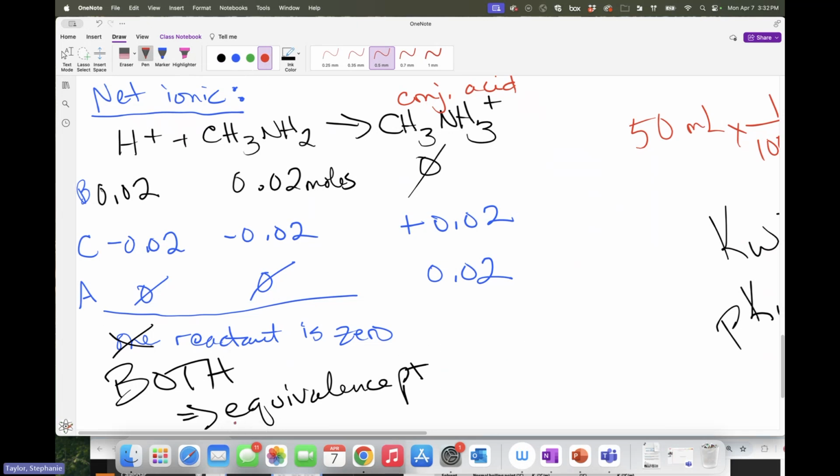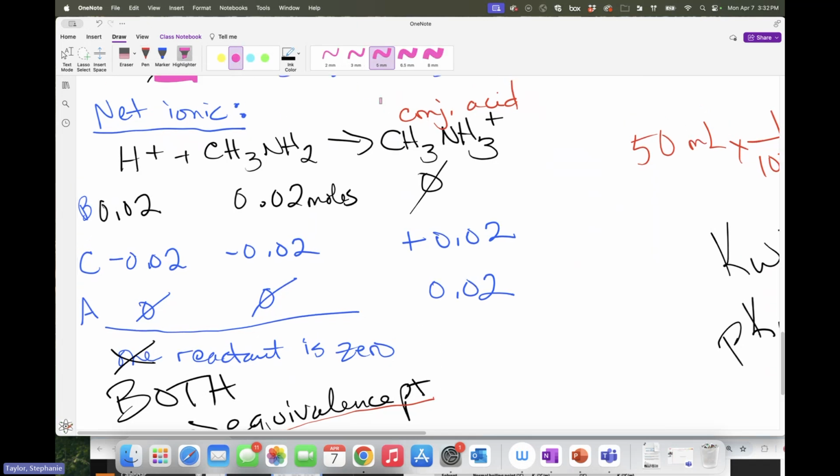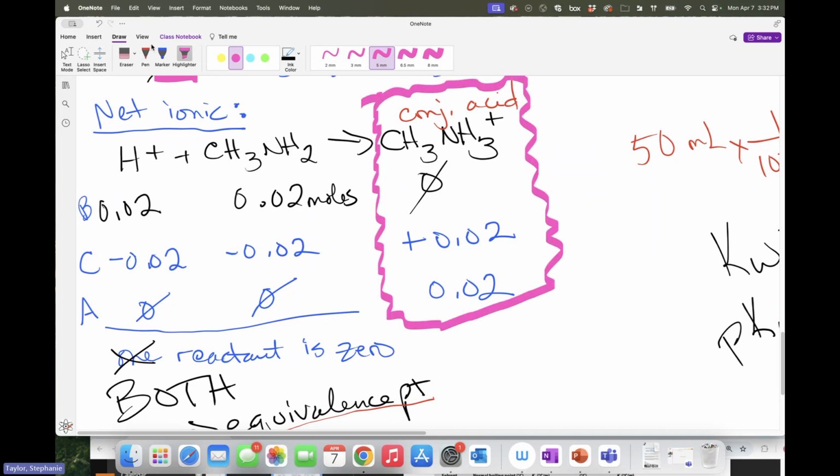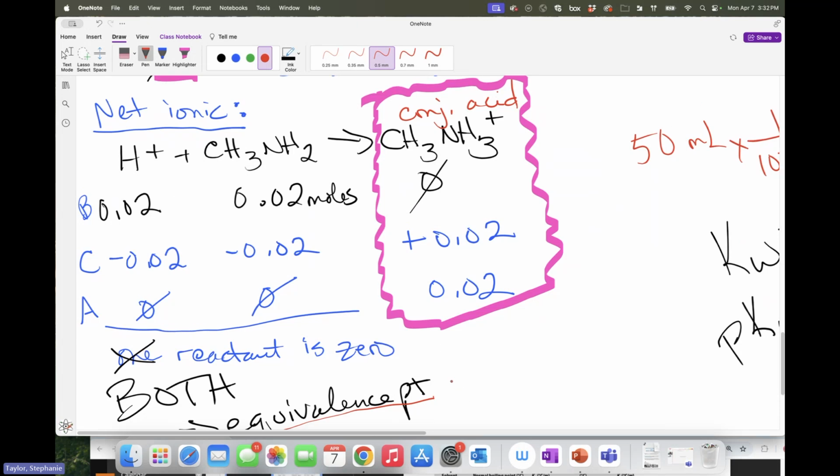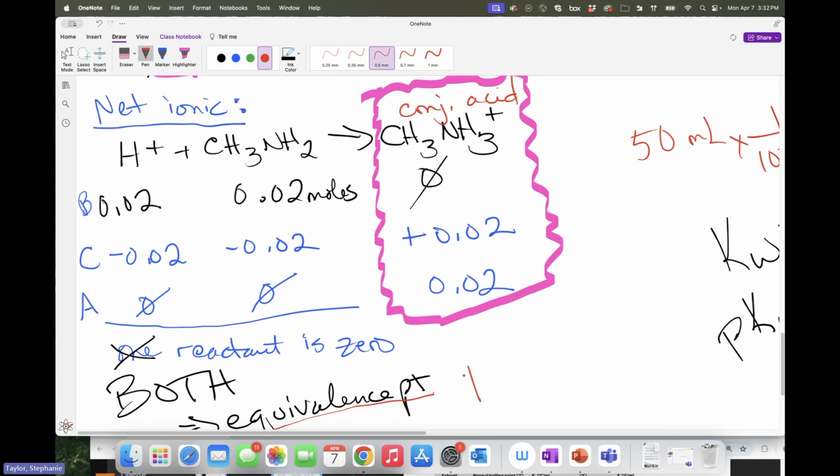Then either because I know I'm at the equivalence point and I started with the weak base, or because I can look at my BCA table and the thing that I do have left over is a conjugate acid, I know from the BCA table that my pH when I'm done should be less than 7.